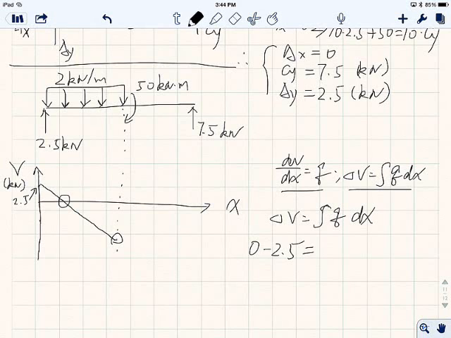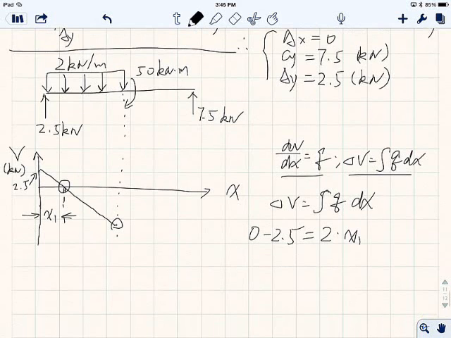Okay, so we know the 2 kilonewton per meter is the width of it, and then the length, how long it is, I can calculate from here. So this equals 2 times x1. x1 is exactly what we are looking for. Make sense?